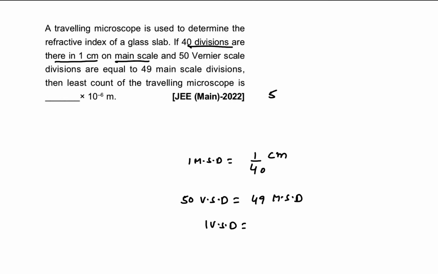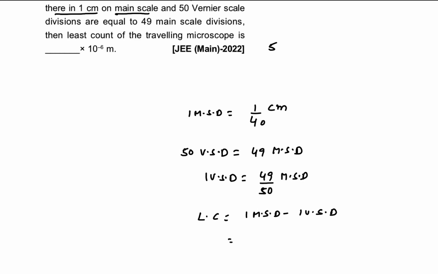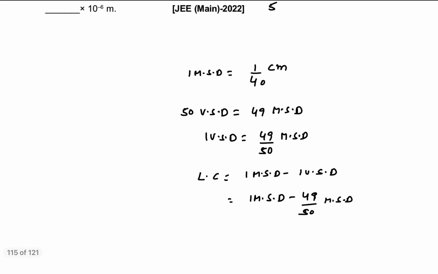We can write 1 vernier scale division is equal to 49 by 50 main scale divisions. So least count is 1 main scale division minus 1 vernier scale division, which is 1 minus 49 by 50 main scale divisions. You finally get 1 by 50 main scale division.